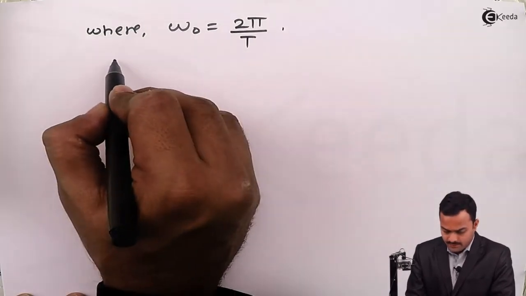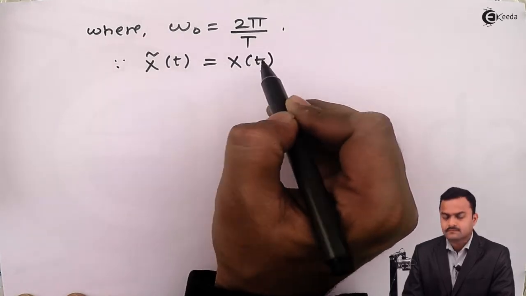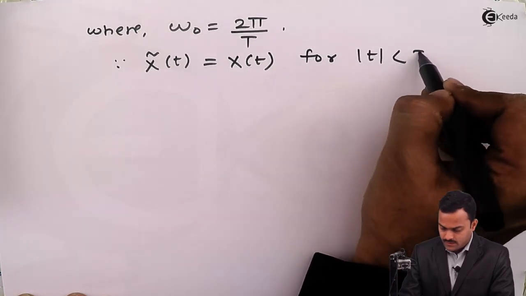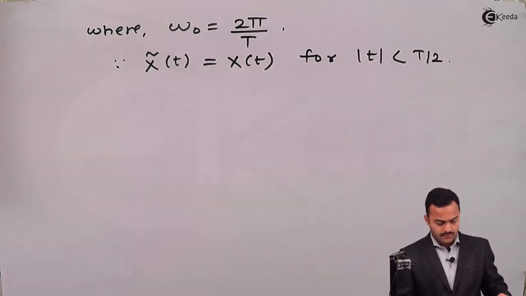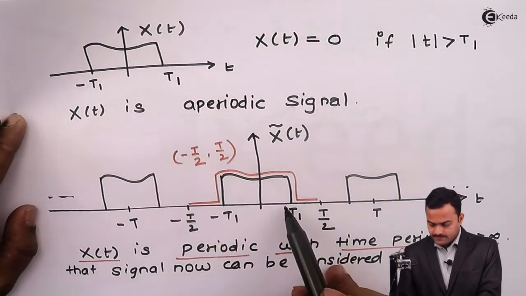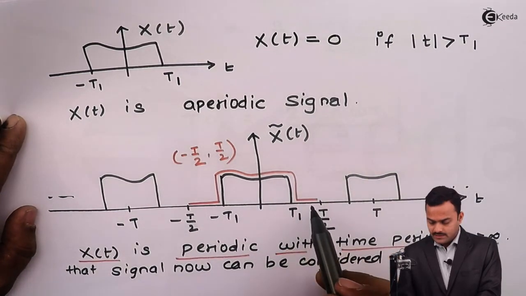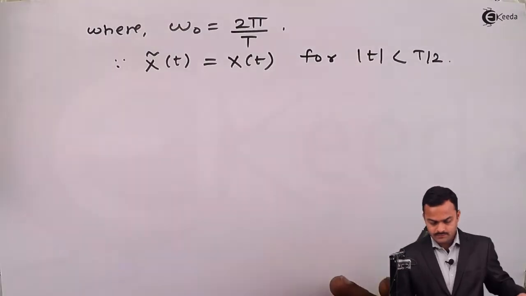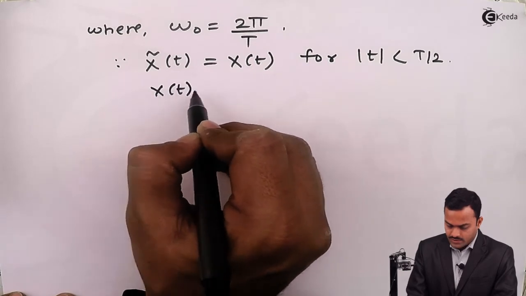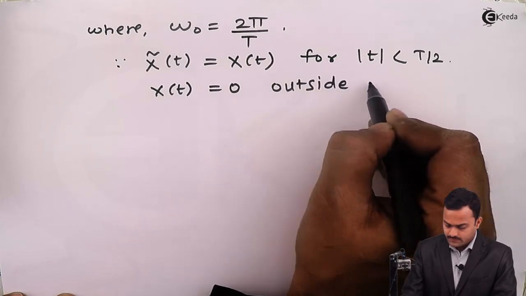So I can say x bar t is the same as x of t for mod t less than T by 2. So just have a look. It is identical whenever mod t is less than T by 2, and x of t is 0 outside this interval.